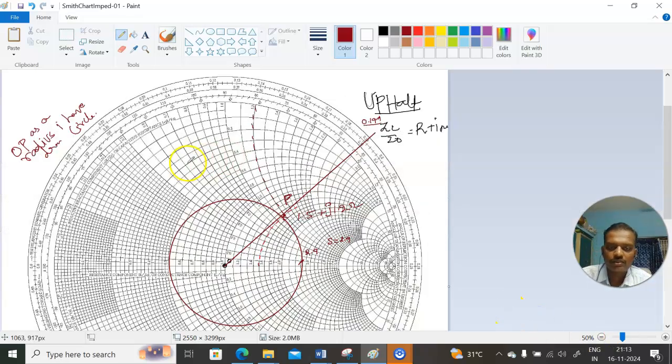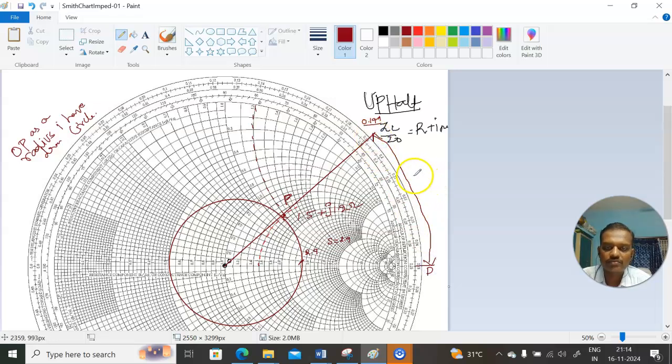This is our D, so we are going to find the distance between these two.